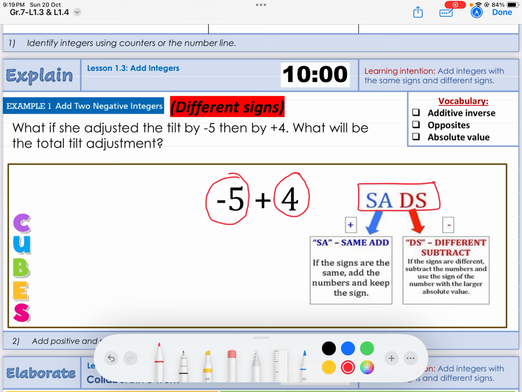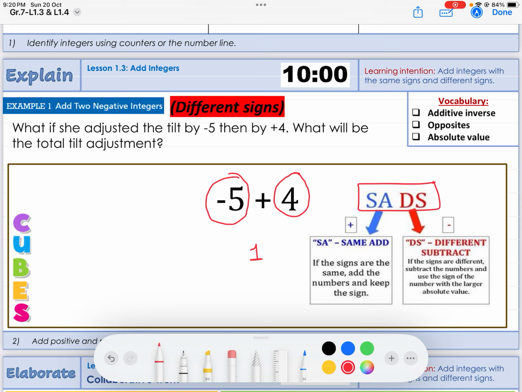As you can see, ladies, I have here two integers with different signs. One is negative and one is positive. So I will be using the rule different signs, subtract. I will say 5 minus 4, that's equal to 1. Now, how do I identify the correct sign for 1? We always take the sign of the larger absolute value.